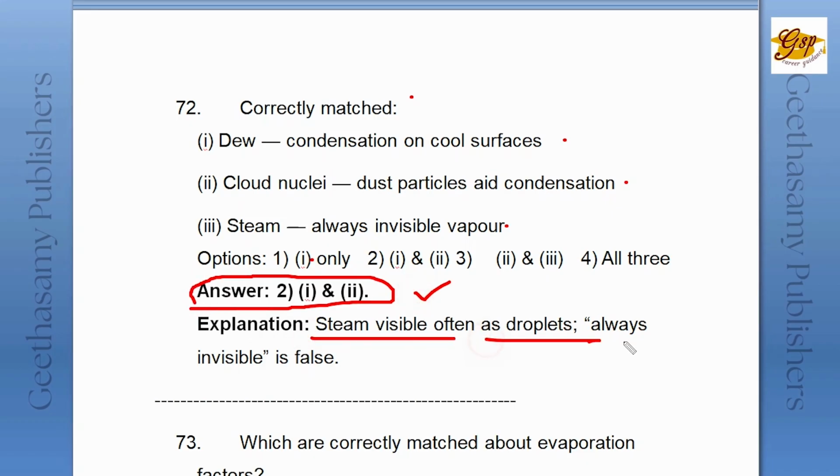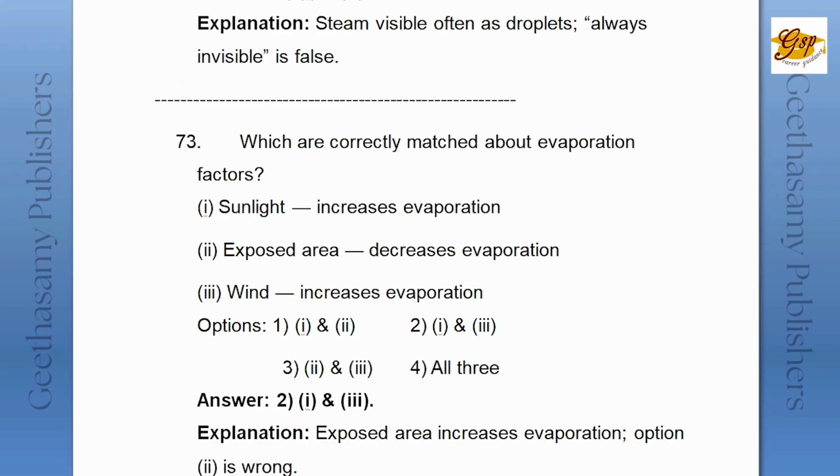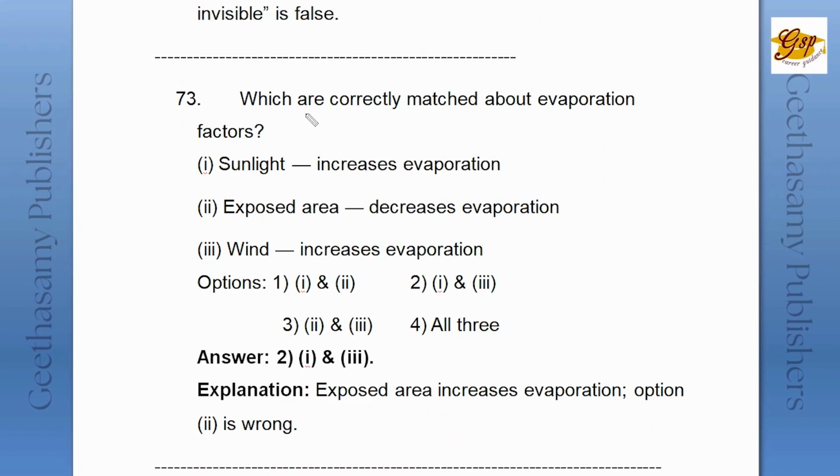Steam is visible, often as droplets, so always invisible is false. And 73rd question: which are correctly matched about evaporation factors? Sunlight increases evaporation, exposed area decreases evaporation, wind increases evaporation. Actually, the exposed area statement is wrong. The options are 1 and 2, 1 and 3, 1, 2 and 3, and all 3. The correct answer is 1 and 3 only. Fine.